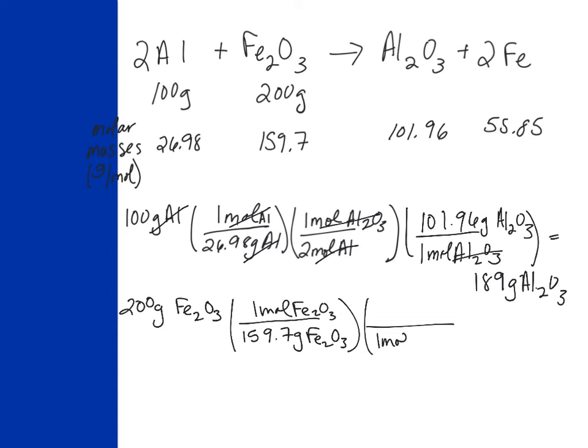We see that we have 1 mole of iron oxide for every 1 mole of aluminum oxide. And then again, we want to convert to grams, so we put moles on bottom again and grams on top.